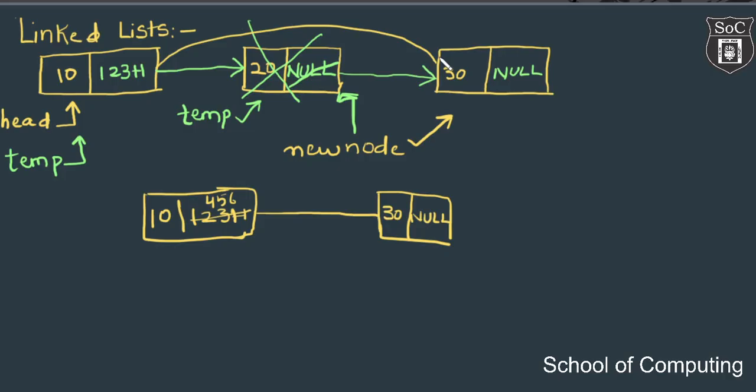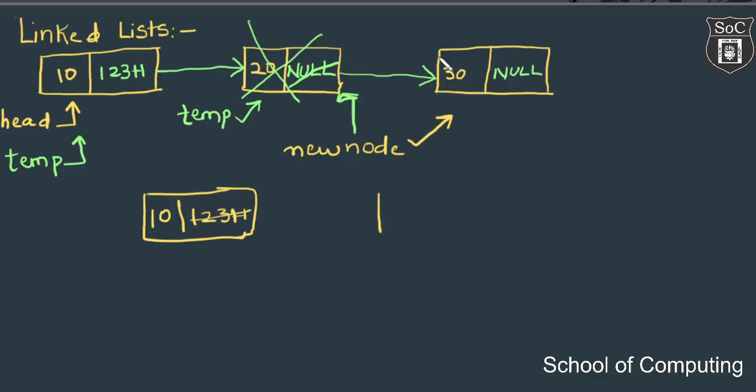So we also need to have a good understanding of malloc, because malloc does memory allocation for me, and we also need to understand a function called free, which will help in deleting or releasing the unwanted memory.